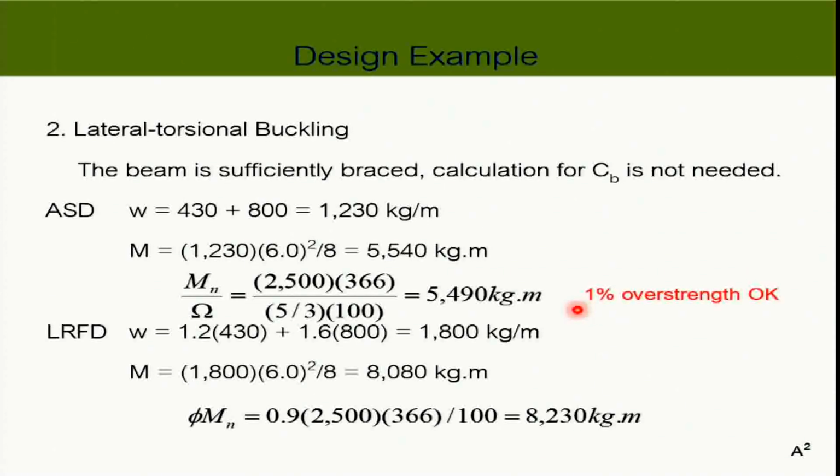I'm not going to lose my sleep over this. I'm fine. So I'm going to use it. If you ask me if I face a situation like this, will I use it? I definitely will. Okay? In LRFD, again, it's the same method, but the calculation is slightly different.